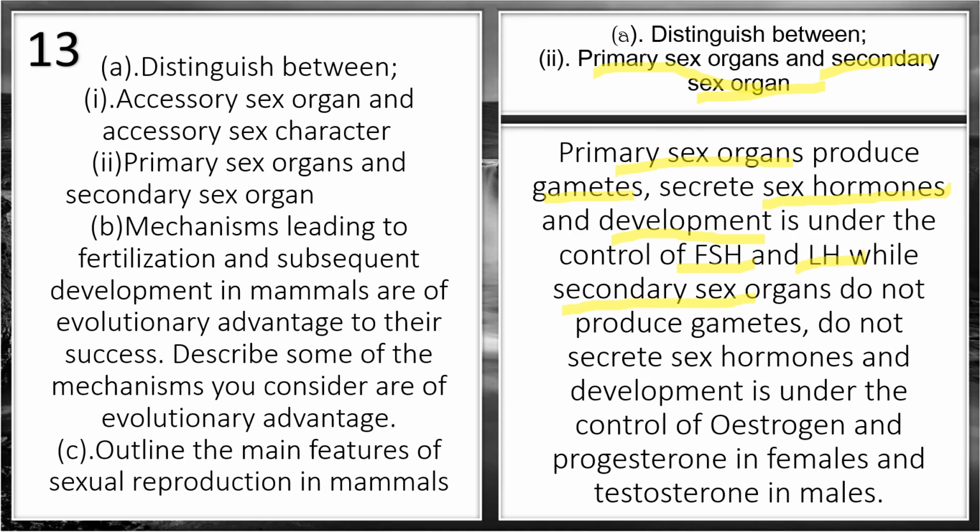While the secondary sex organs do not produce gametes, they do not secrete sex hormones, and development is under the control of estrogen and progesterone in females and testosterone in males.